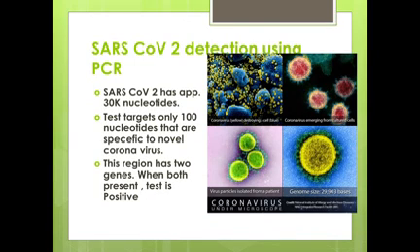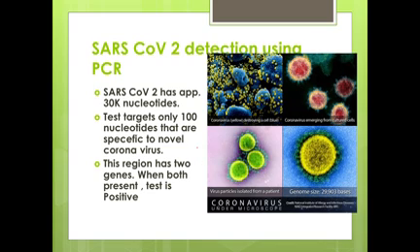The genome of this SARS coronavirus 2 is approximately 30,000 nucleotides long, and to be exact, it is actually 29,903 bases long.